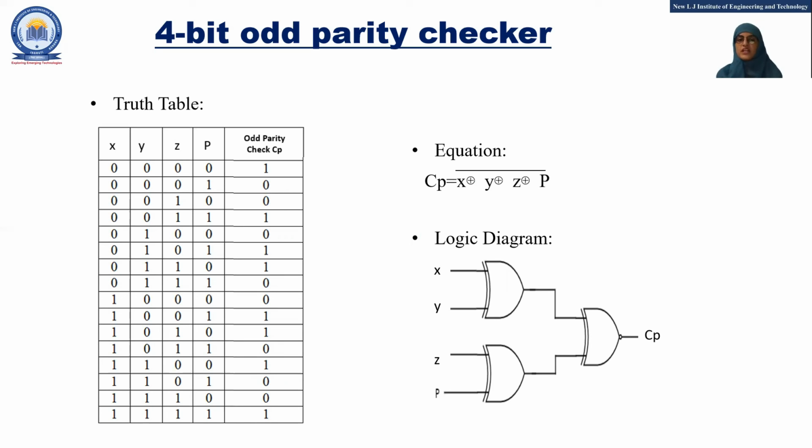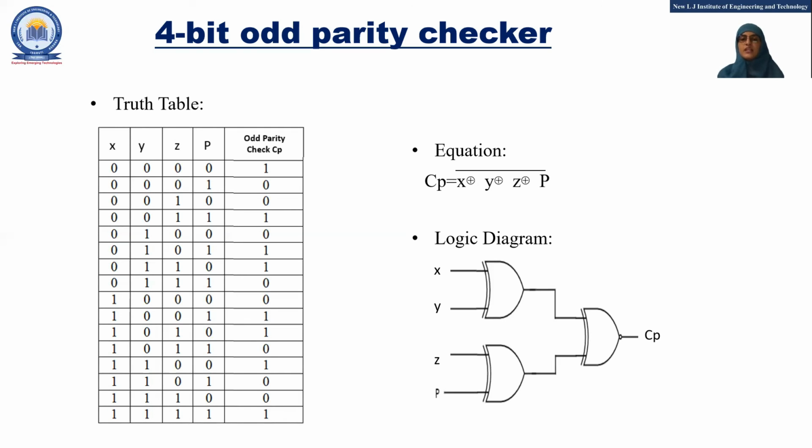So the odd parity checker will mark it as 0, which means there is no error, because in the original message the number of ones is 1, which is odd. For the third, 0, 0, 1, 0, the number of ones is odd, so there is no error, which is indicated by 0. Same for all other cases, and for case 1, 1, 1, 1, the number of ones is 4, which is even, so the odd parity checker will mark it as an error and will give the output 1.